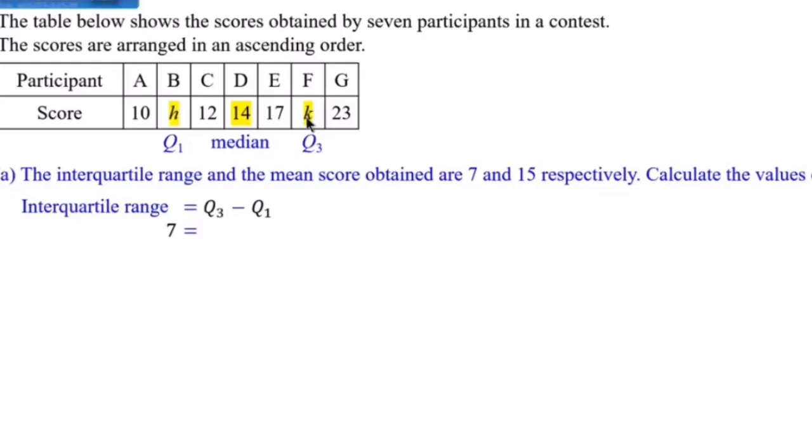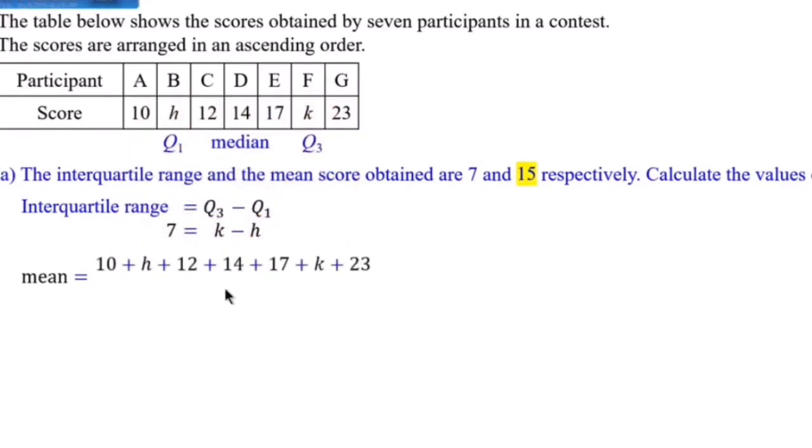Okay, so we have 2 unknowns, so we will not solve the equation with 2 unknowns. So we will try to find another information. So mean was given, mean score. So we will find the mean for the data. We take all the data, then we add summation of data, then we divide by how many? 7.